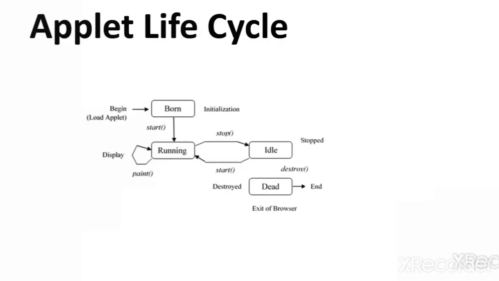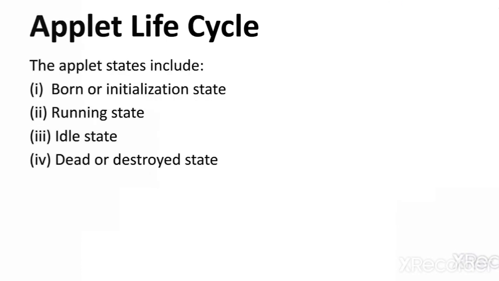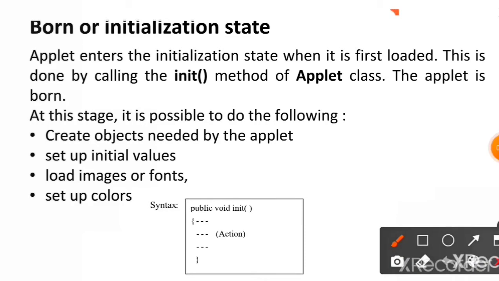The applet states include born or initialization state, running state, idle state, dead or destroyed state. There should be an arrow like this. Okay, so now the first state, that is the initialization state. Applet enters the initialization state when it is first loaded. This is done by calling the init method, that is the initialization method of an applet class.